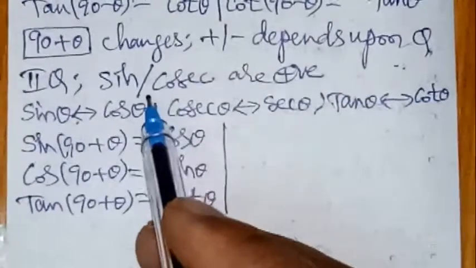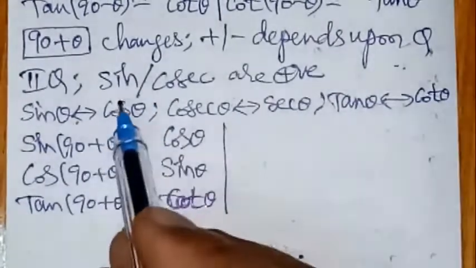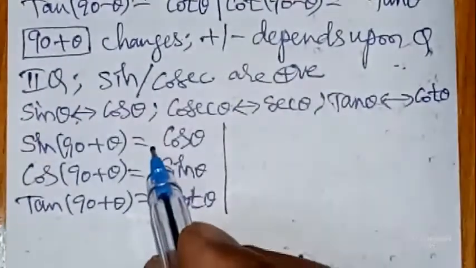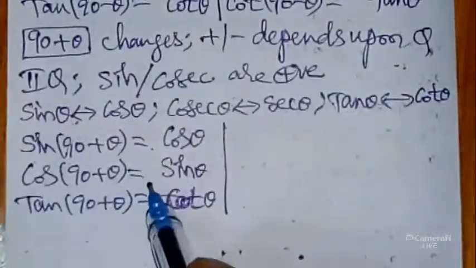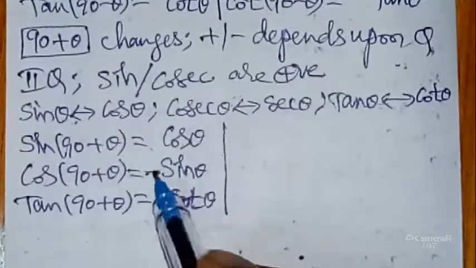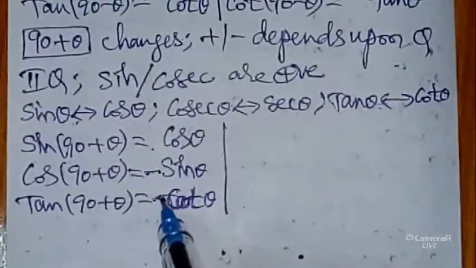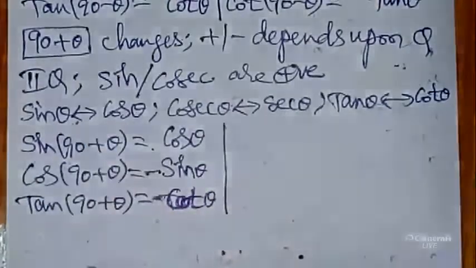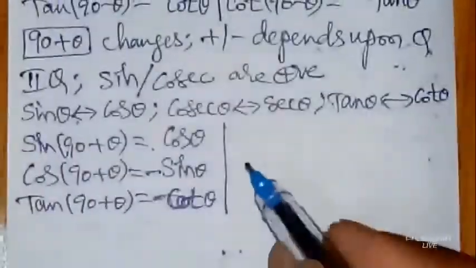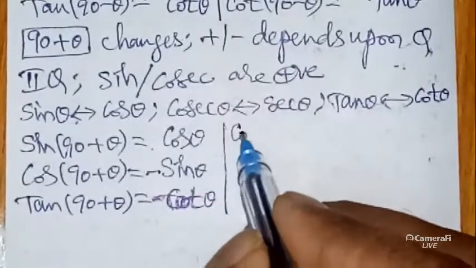Here, what are the positive values, my dear students? Sin is positive. Okay. What about cos? It is negative. And what about tan? It is negative. So after completing this part, we can go and write reciprocal.